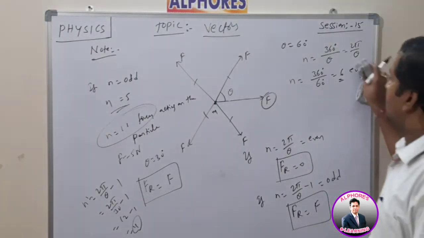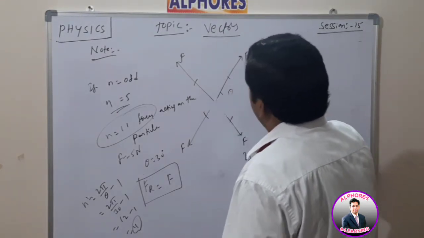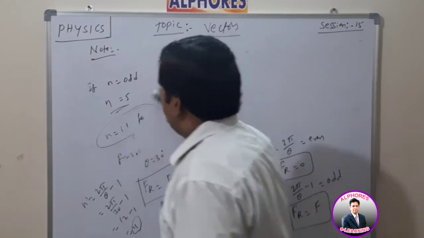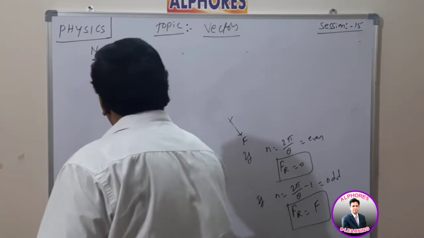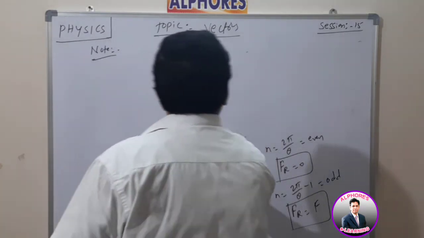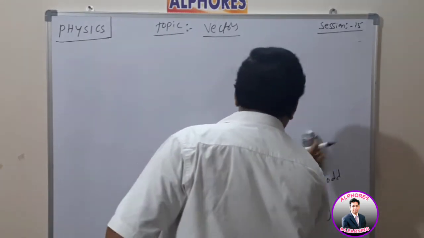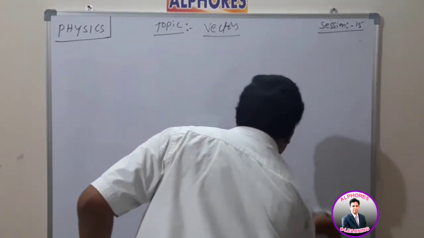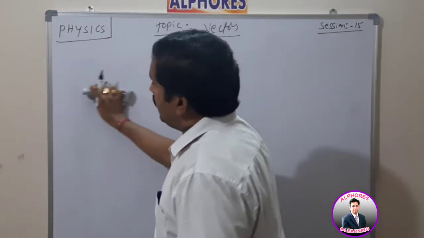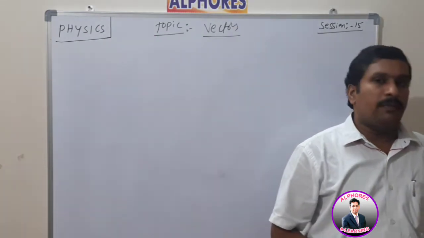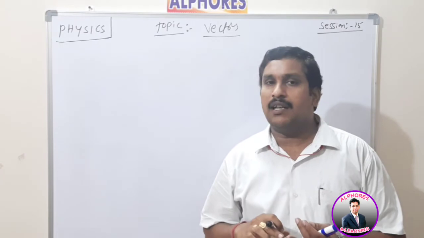Now, after that, I have to go with the tangent law. Listen carefully. So this weekend in our examination syllabus, we have the parallelogram law of addition and subtraction of vectors, the triangle law of addition of vectors, and the polygon law of addition of vectors.